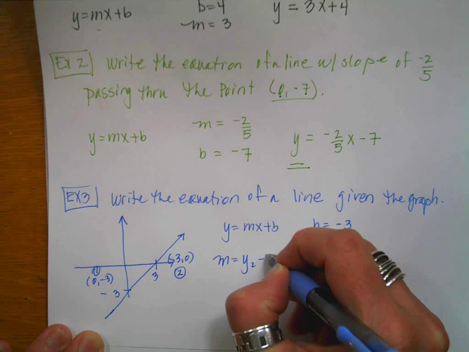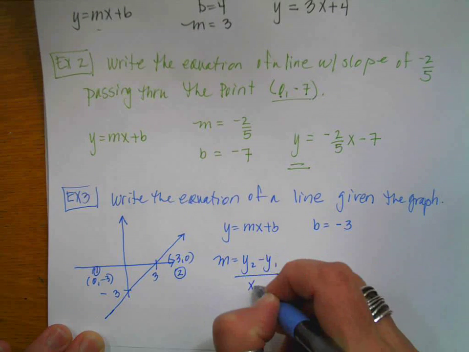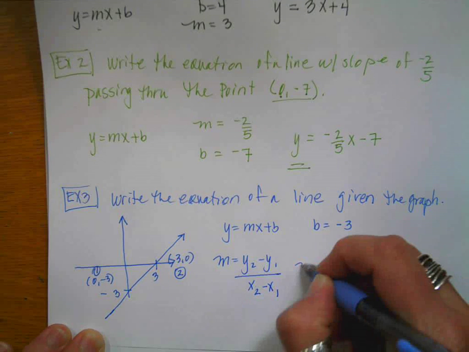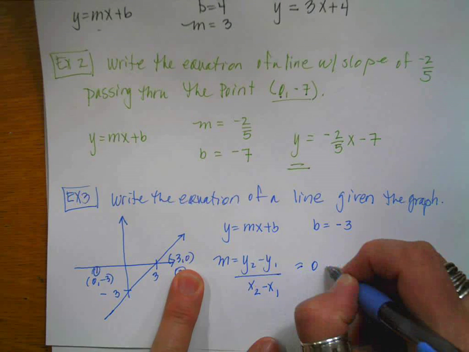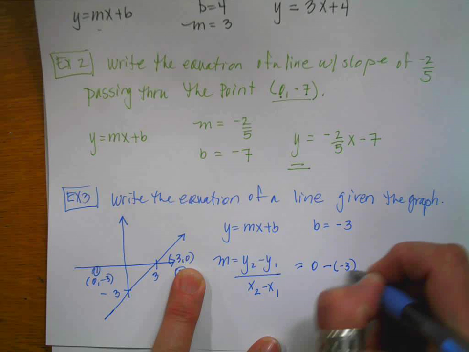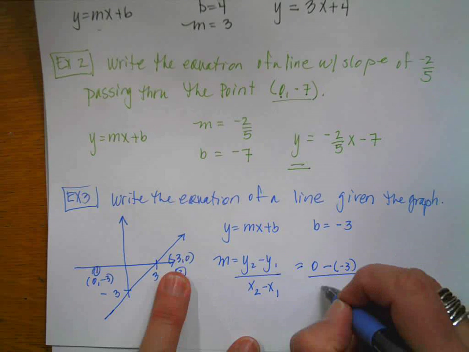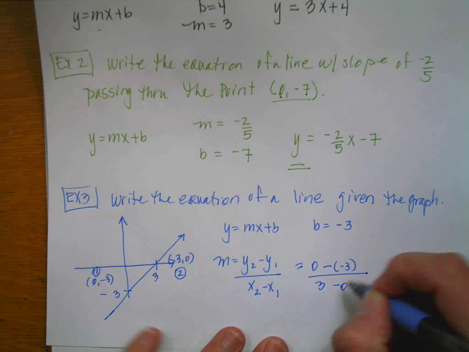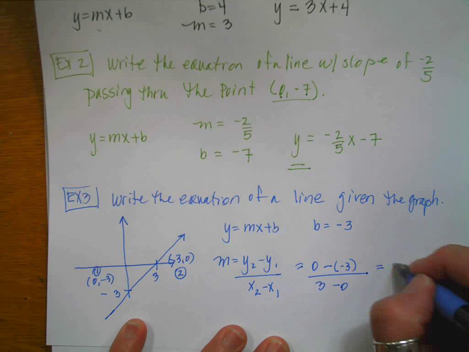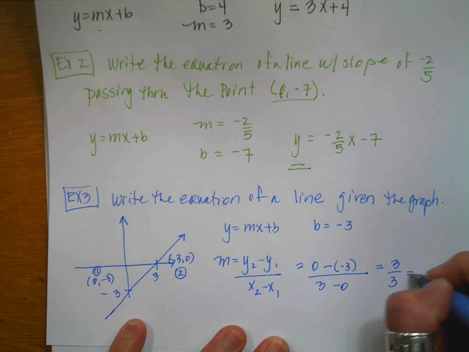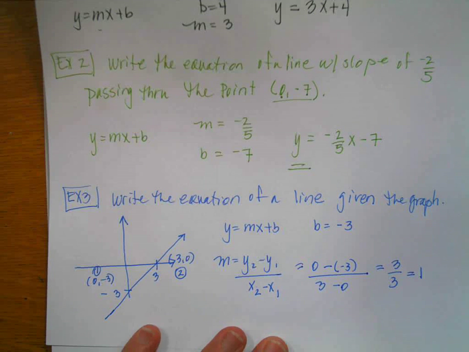So my slope is y2 minus y1 over x2 minus x1. So it's 0 minus a negative 3 over 3 minus 0. A minus a minus is a plus, so this is 3 divided by 3, so it's 1.